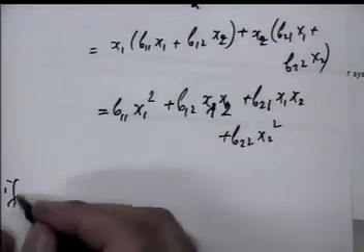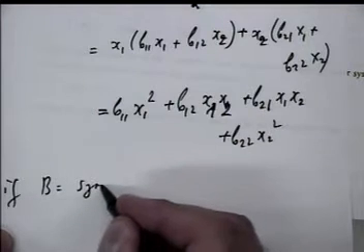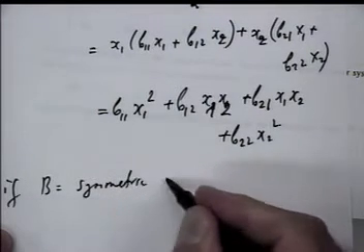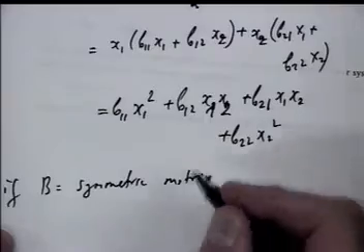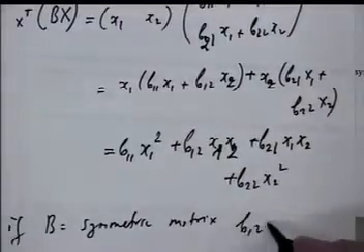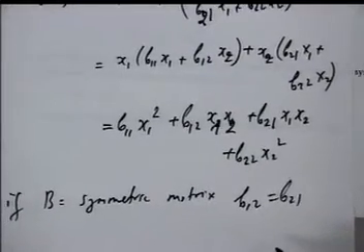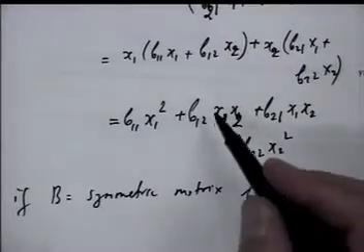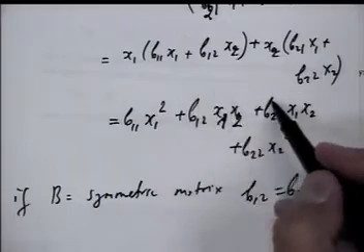Now, if B is a symmetric matrix, then b12 equals b21, and therefore these terms will be the same.